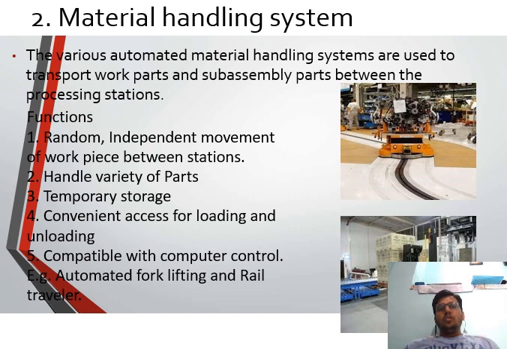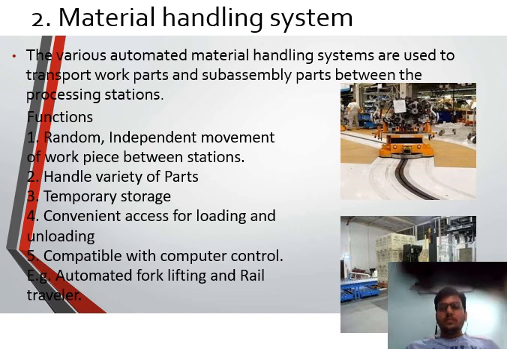So the whole thing is that the system or equipment is used for handling the material from one place to another place in a convenient way, that could accommodate or handle a variety of parts. Basically there is a lot of equipment used in material handling systems, like automated forklift and rail traveler.